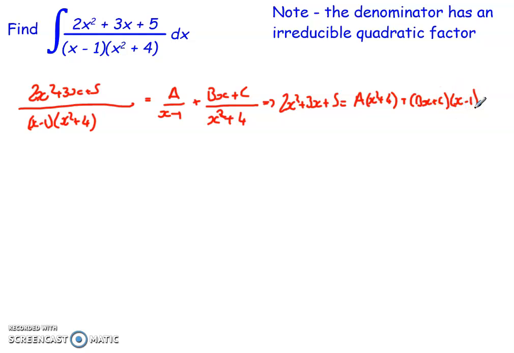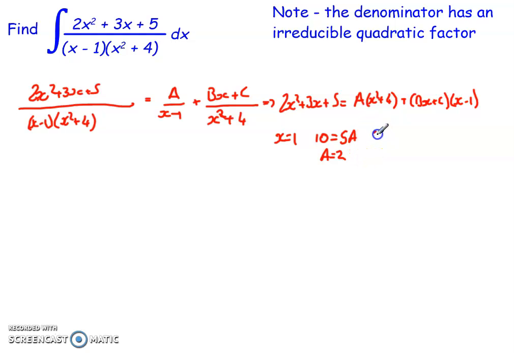So what I'm going to do now is pick values for x to help me get there. If I pick x equals 1, this term here goes. So if x is equal to 1, I've got 2 plus 3 plus 5, which is 10. That's then going to equal 1 plus 4a, so 5a. So I know that a is equal to 2.